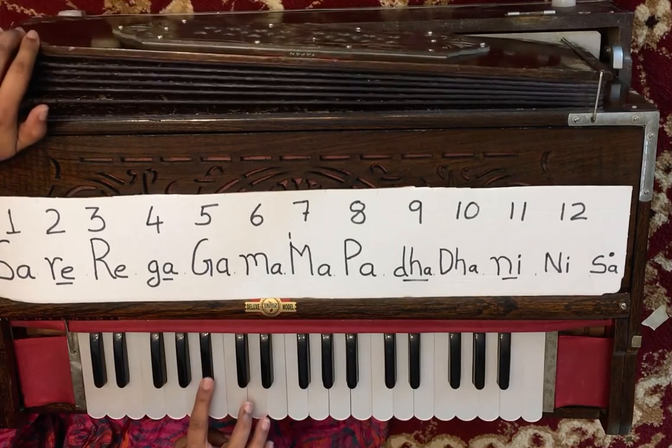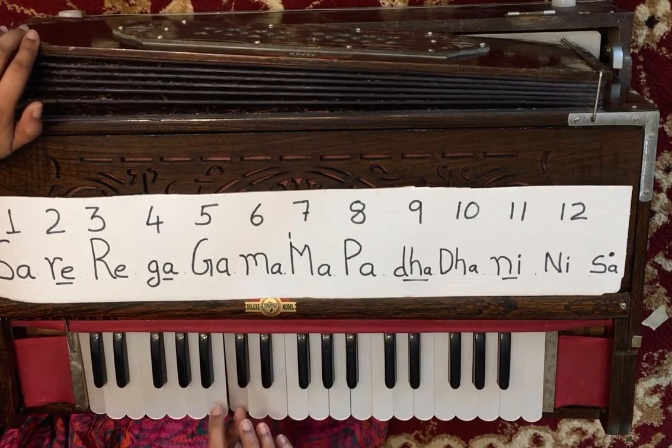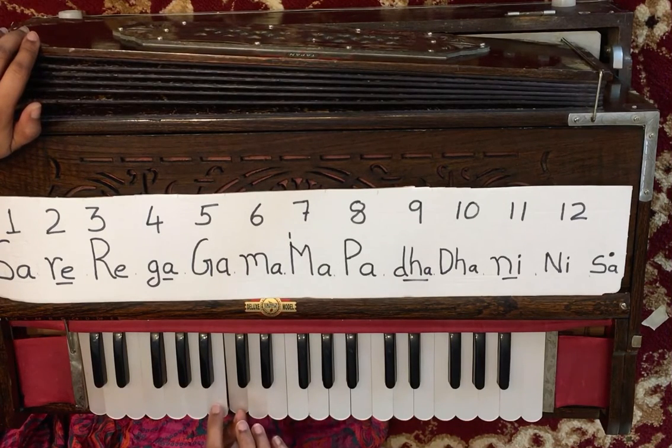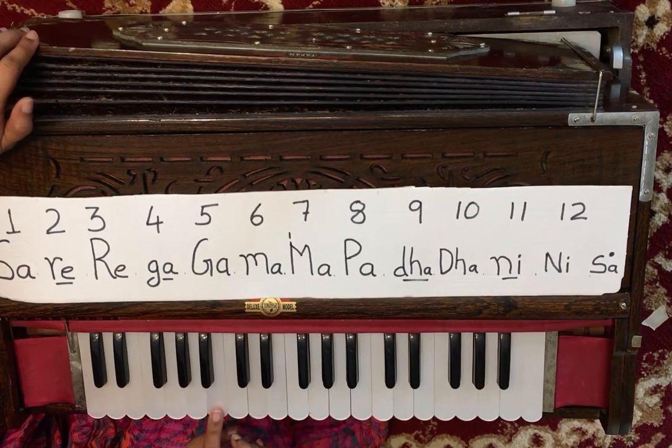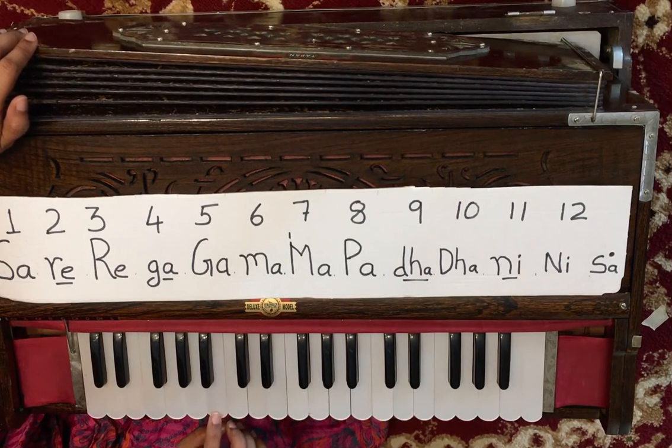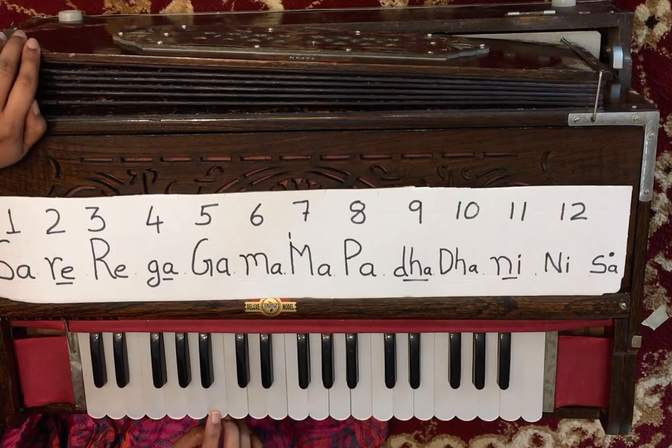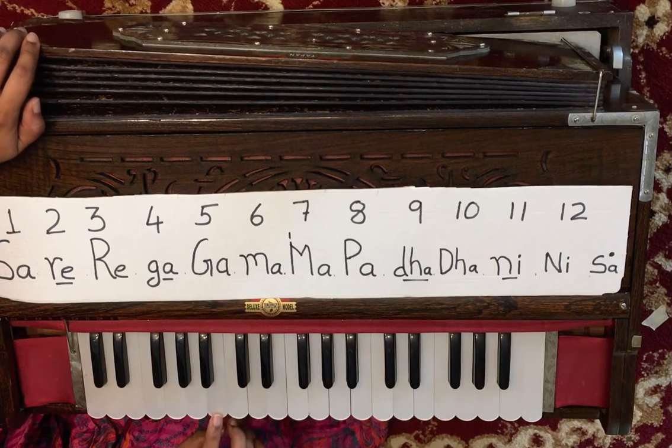So sa, re. The note that we did not play is also a re, but it is called a flat or a minor, or in the Indian music system we call it a komal re.